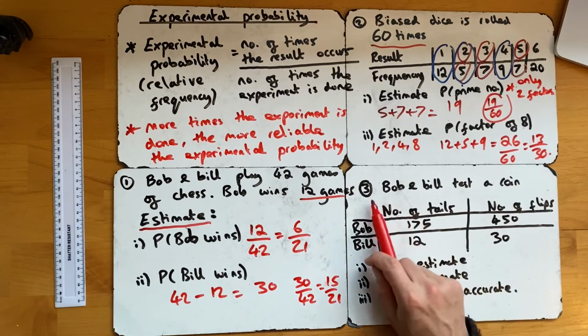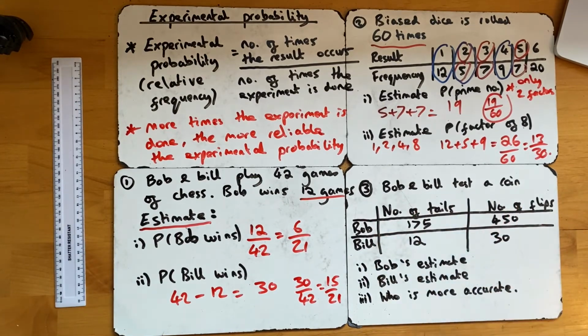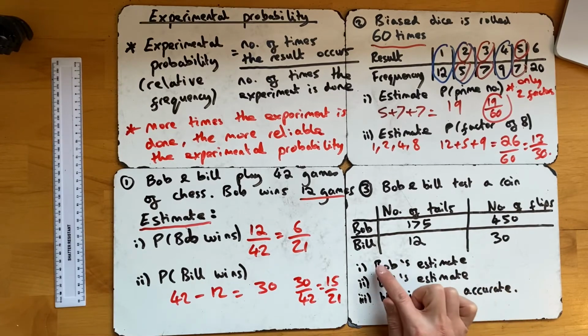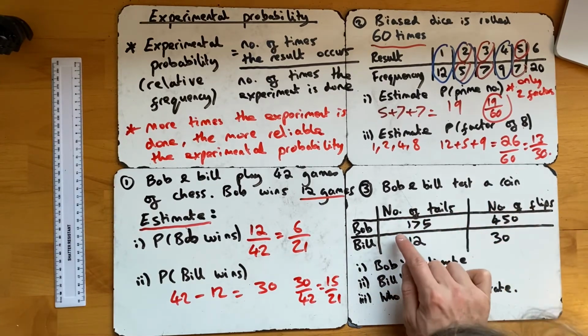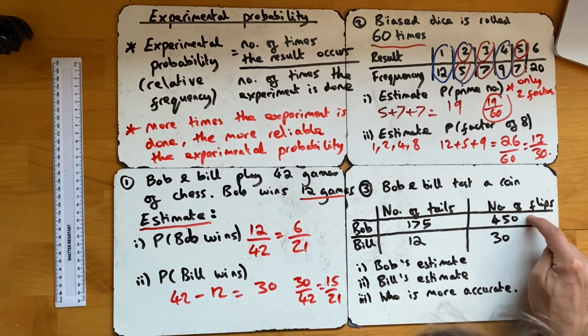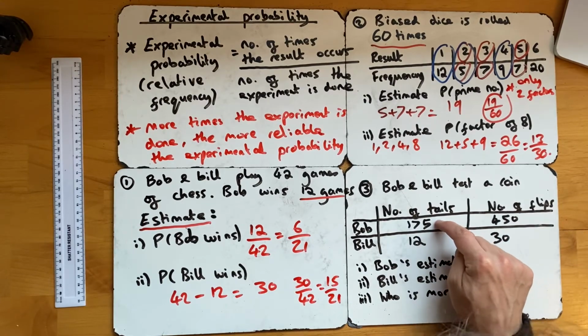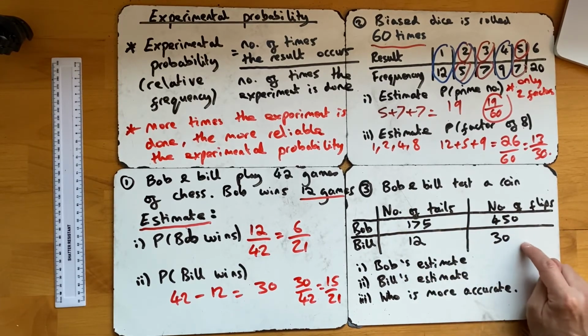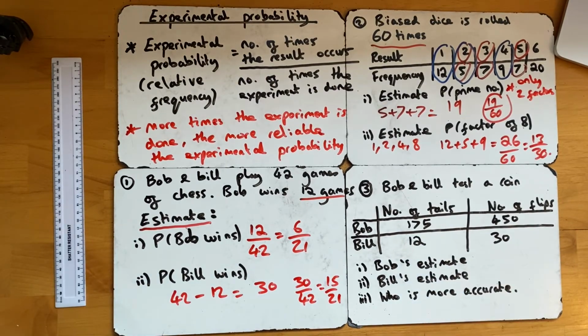Okay, question 3. Bob and Bill test a coin. Now, you've got to work out, so Bob flipped a coin, number of flips is 450, and he got tails 175 times. Bill did 30 flips of a coin, had enough, and he got 12 tails. So look at Bob's.